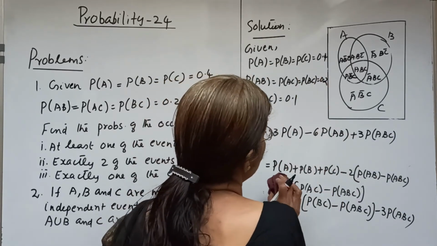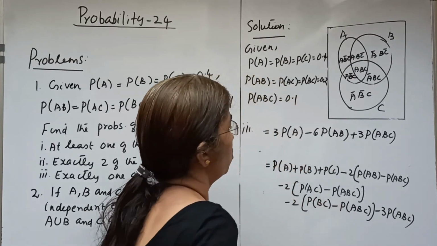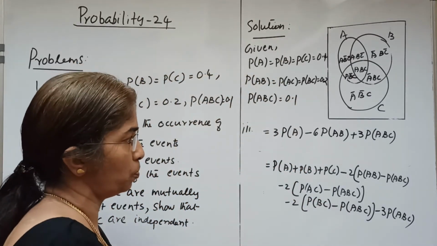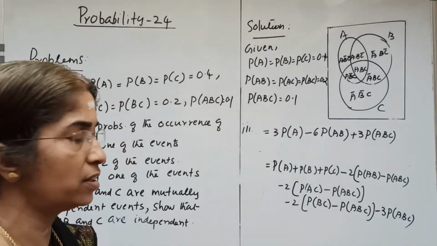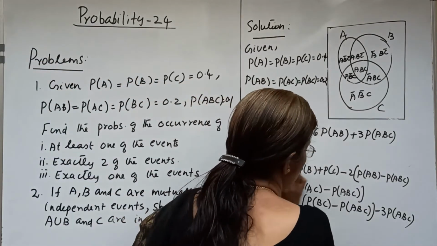That is, we have 3 into P of A minus 6 into P of AB plus 3 into P of ABC, is right.